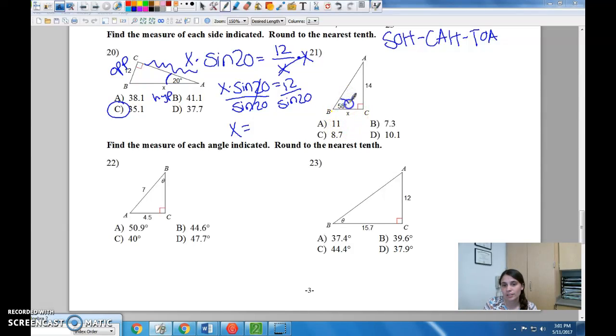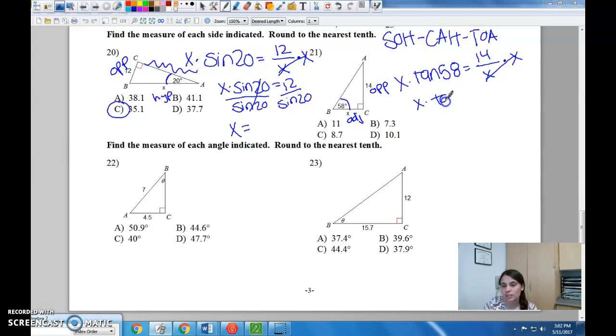And then on number 21, I'm trying to find this side. So I have this angle. 14 is opposite the angle. This x is adjacent to my angle. So opposite and adjacent is tangent. So the tangent of 58 equals opposite, which is 14, over the adjacent, which is x. So I'm going to multiply by x on both sides.